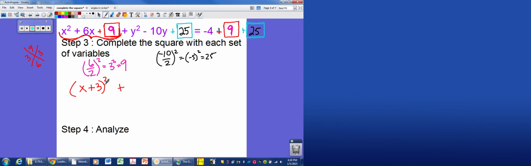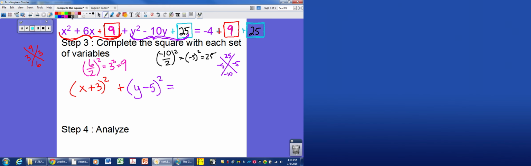Very useful for us in geometry. Now these three things over here, y squared minus 10y plus 25, what numbers multiply to give you 25 and add to give negative 10? Negative 5 and negative 5. This now becomes y minus 5 quantity squared.